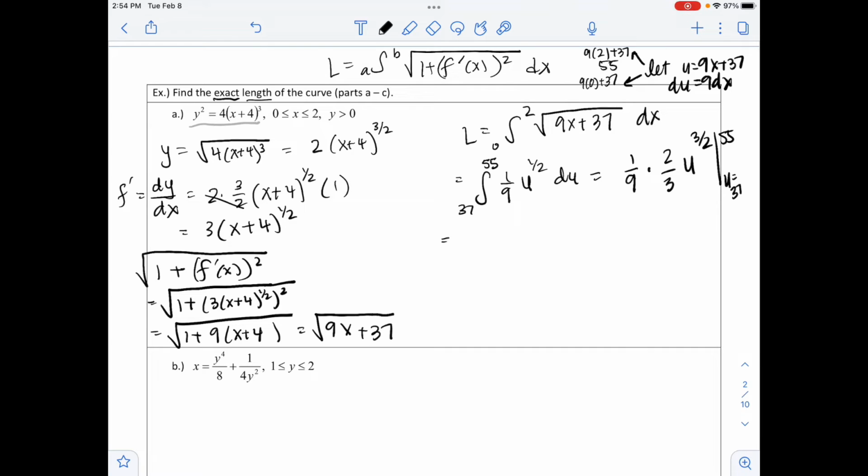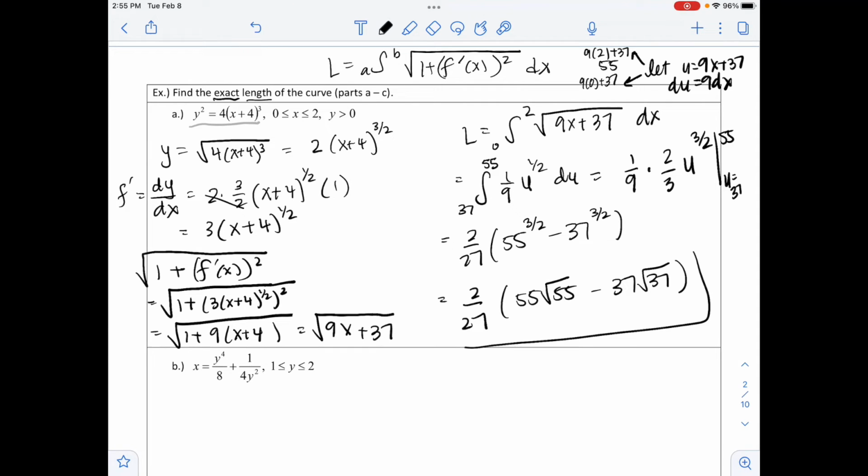And so from here we get 2 over 27, and then we would have 55 to the 3 over 2 minus 37 to the 3 over 2. This answer is also correct. If you wanted to, you could definitely rewrite this and say this is 55 times the square root of 55 minus 37 times the square root of 37. Same answer, just a different way to rewrite it.